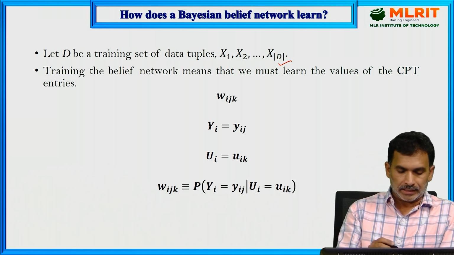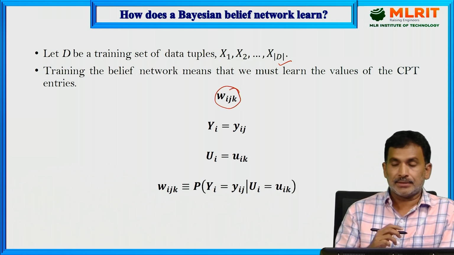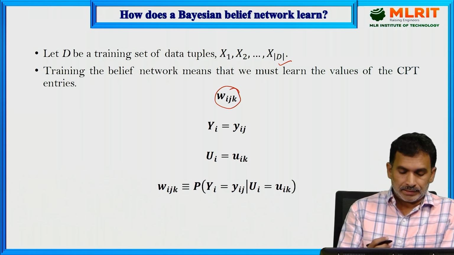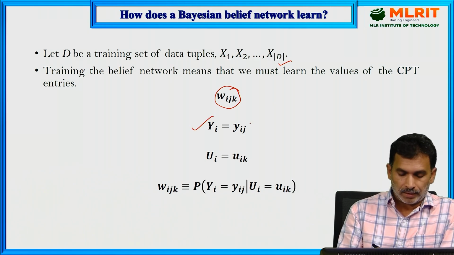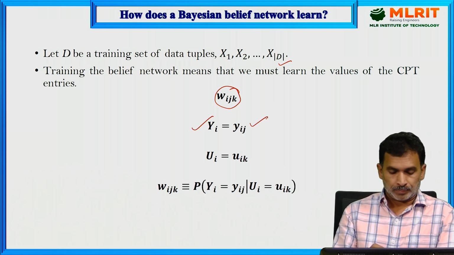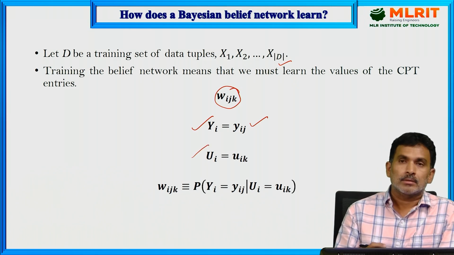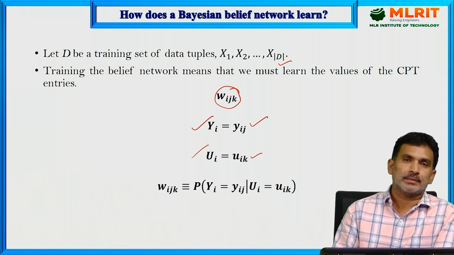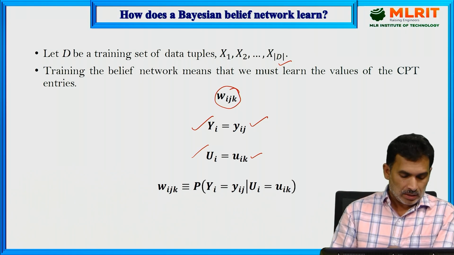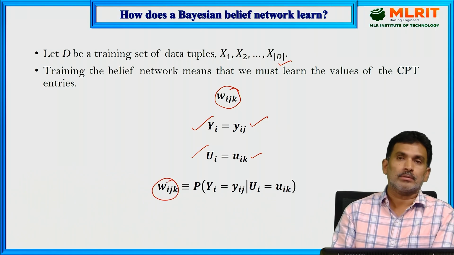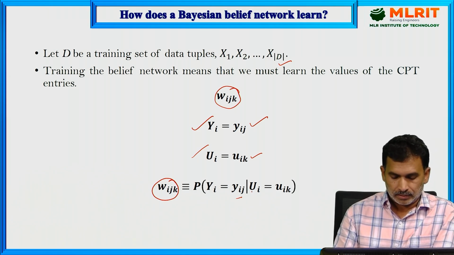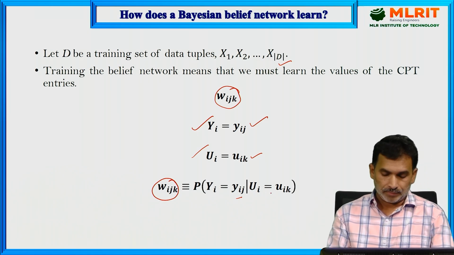Let us take wijk, a value in the conditional probability table for the variable Yi with its values yij and its parents Ui with the values uik. Then an entry in the conditional probability table is expressed as wijk equal to the conditional probability P(Yi = yij | Ui = uik).